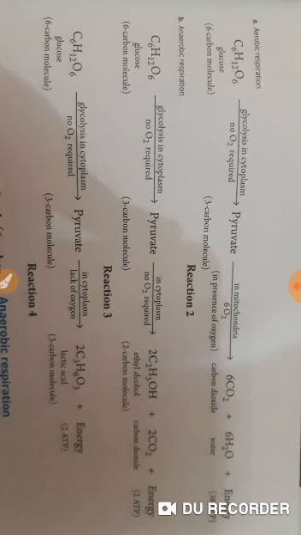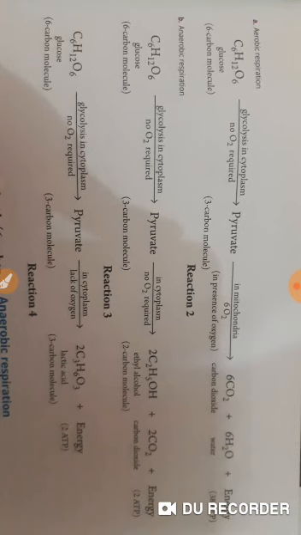But you can see in this reaction, glucose is getting converted into pyruvate because there is no involvement of oxygen. But if this pyruvate has to enter mitochondria, oxygen should be there. As oxygen is not there, this pyruvate will not enter into mitochondria. It will stay in the cytoplasm only.